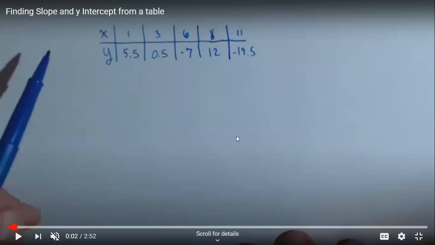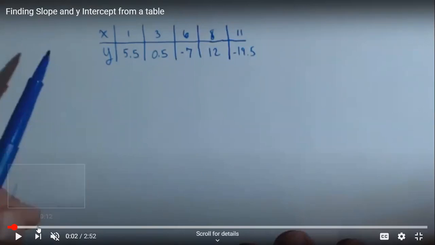And we said the slope will be the y variation over the x variation, or the change of y over change of x. Then in front of you now we have a table, and in this table we have different ordered pairs.